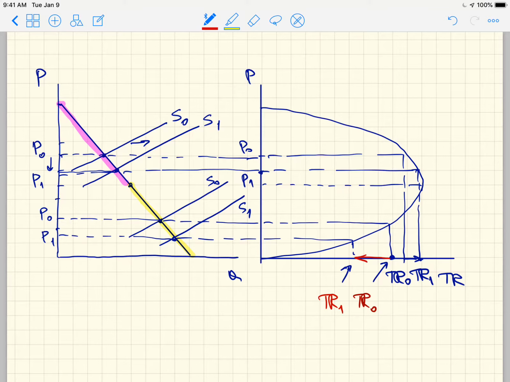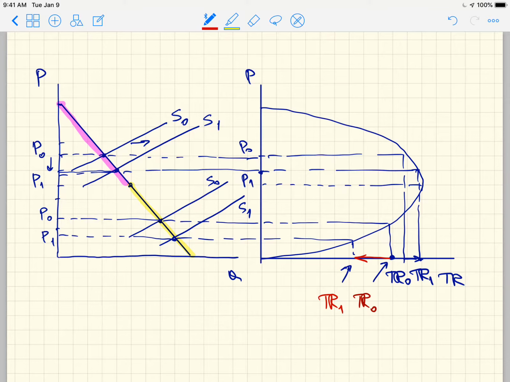So in fact, in this case, total revenue is going down. So basically, an increase in supply, which causes a decrease in price, might increase total revenue or decrease it, depending on which section of our demand curve we are in.